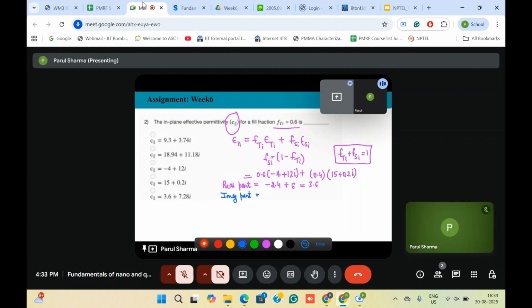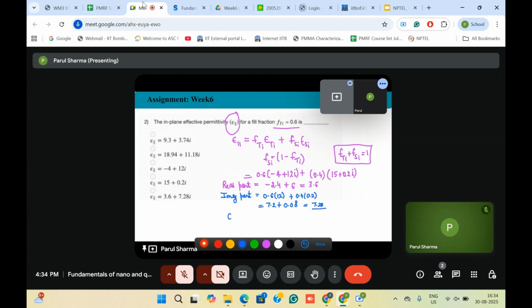The imaginary part is 0.6 into 12 plus 0.4 into 0.2, which is 7.2 plus 0.08, which is about 7.2.